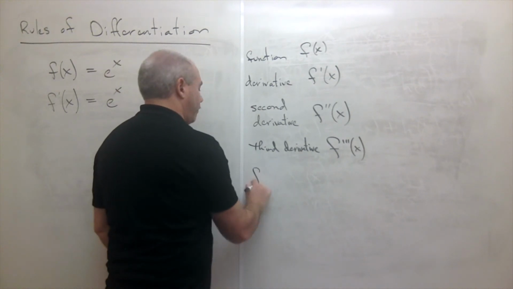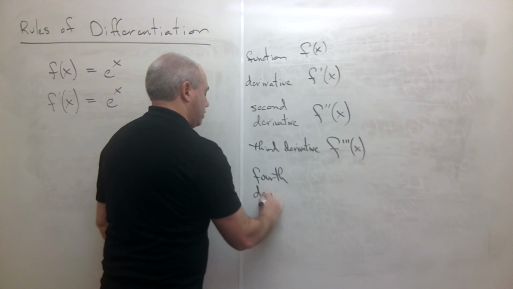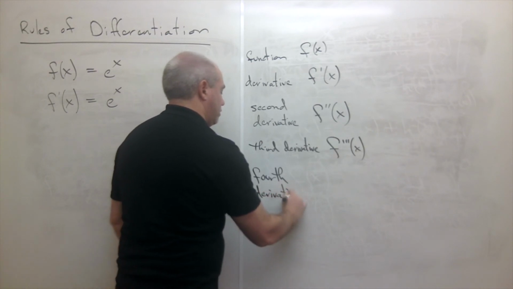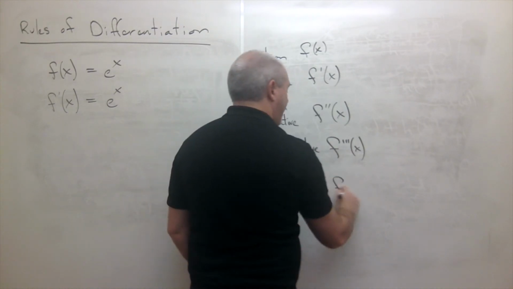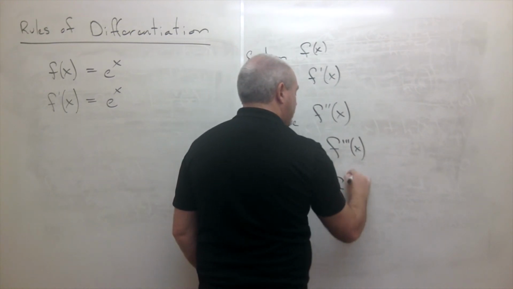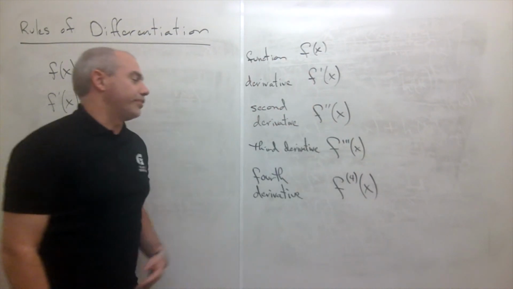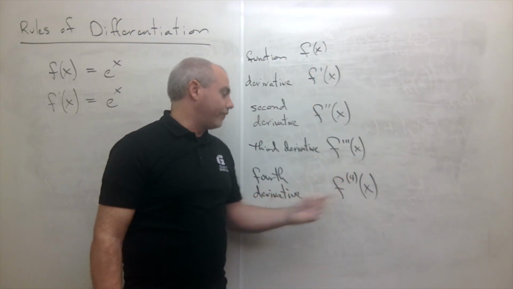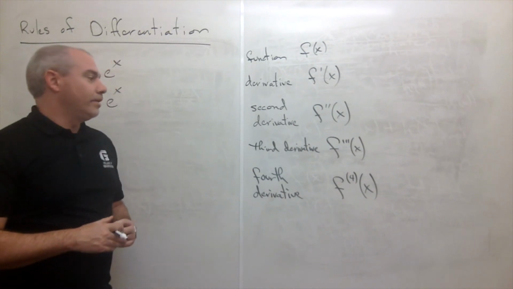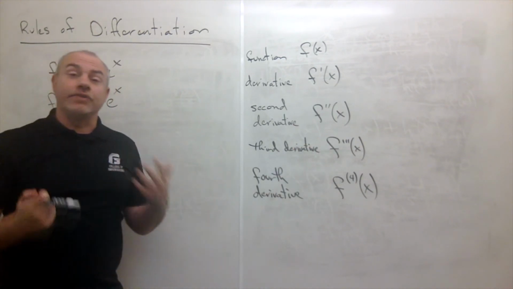So if I took a fourth derivative, then I don't write f prime, prime, prime, prime. I write a little parentheses and write a 4 up here. And so this is the fourth derivative of f. And the fourth derivative is the derivative of the third derivative. And you get the idea.